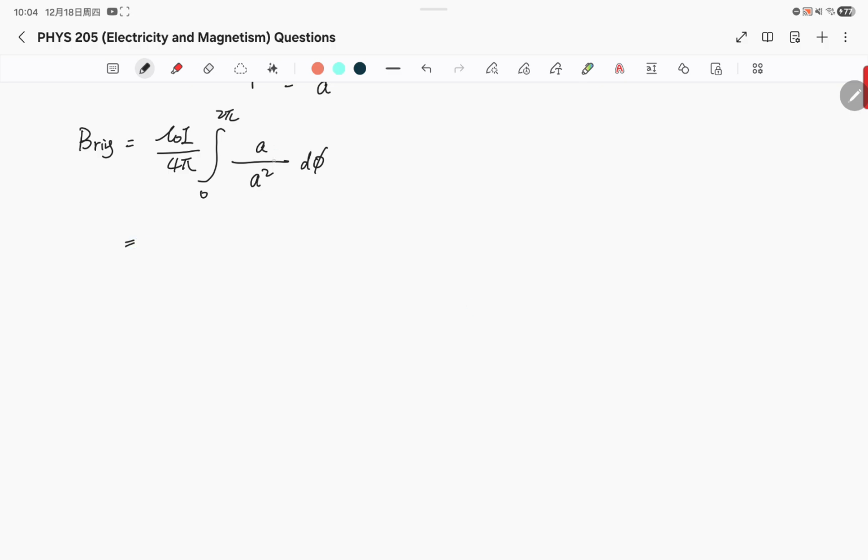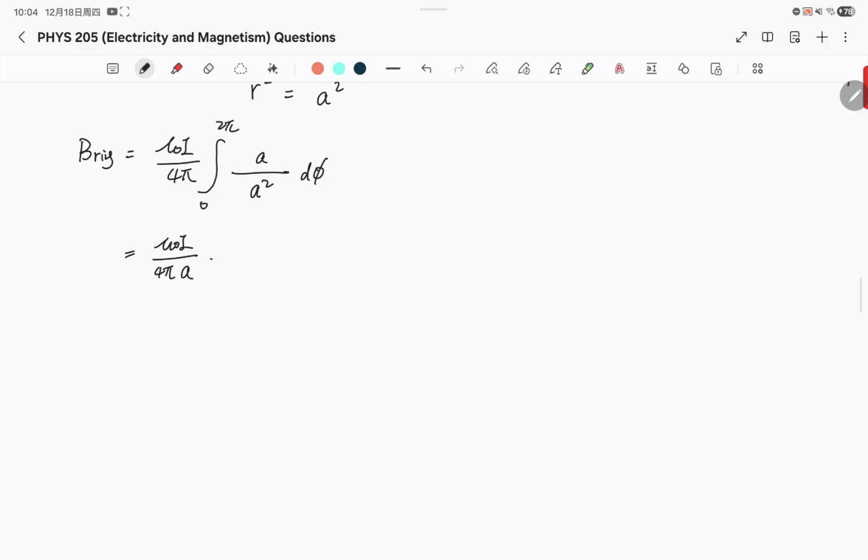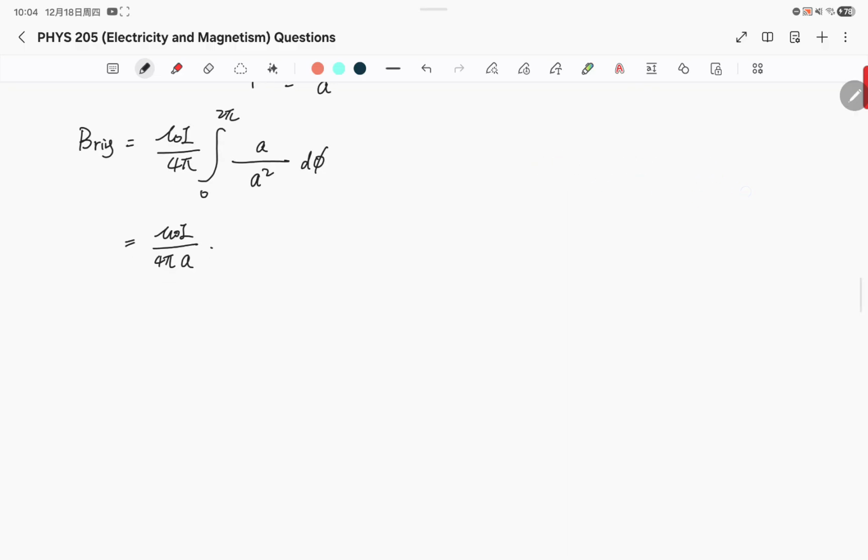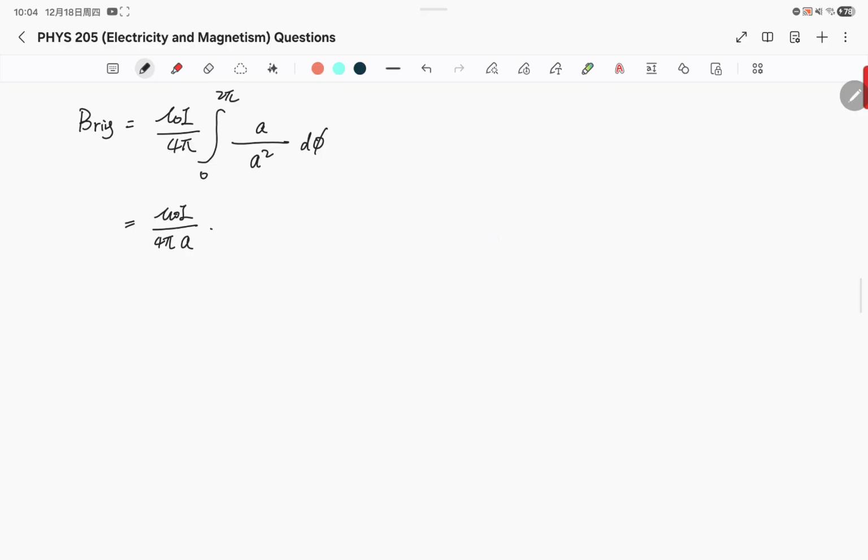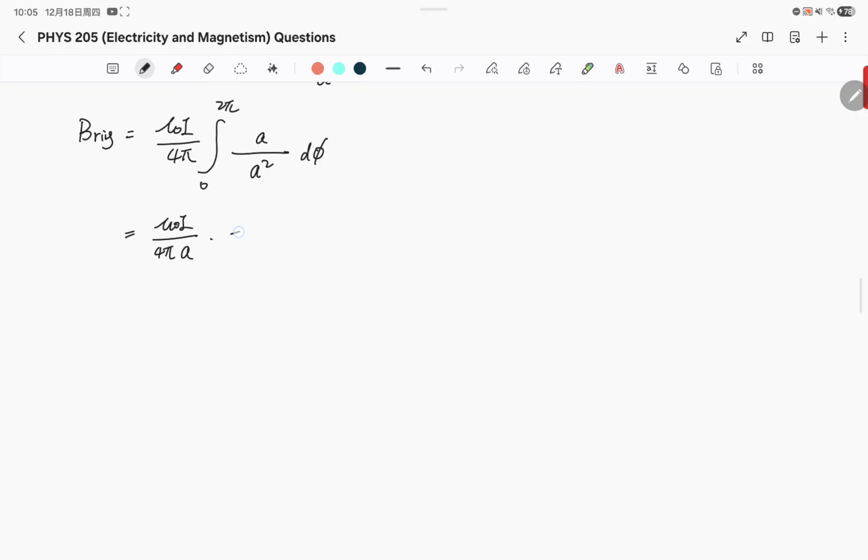And like I said before, A is radius. Radius is constant, so the constant goes outside of the integral. Times, well, the integral is just phi. If you solve this integral, the integral of d phi gives me phi, evaluated at 0 and 2 pi. 0 is 0, so it's 2 pi.